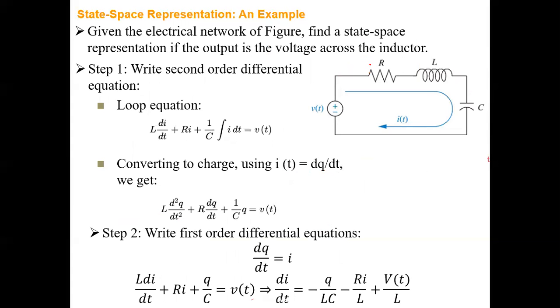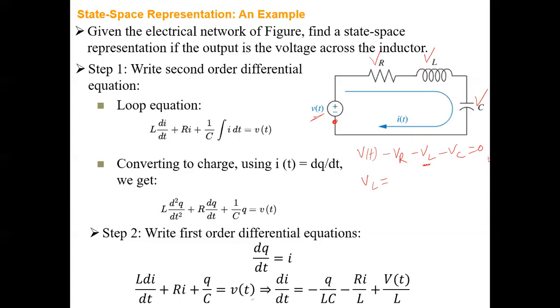So I call it VR, I call it VL, I call it VC, this is VT, right? If you go from here, your VT is positive minus VR, then VL, then VC equals 0, right? So then what is your VL from here?